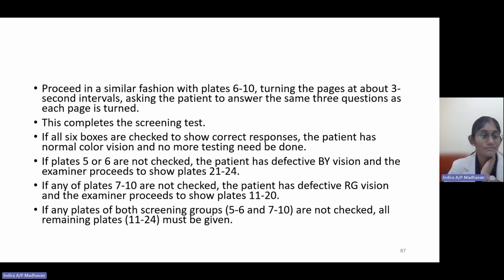If any plates of both screening groups, 5 to 6 and 7 to 10, are not checked, all remaining plates must be given. So that's how we do this HRR technique.